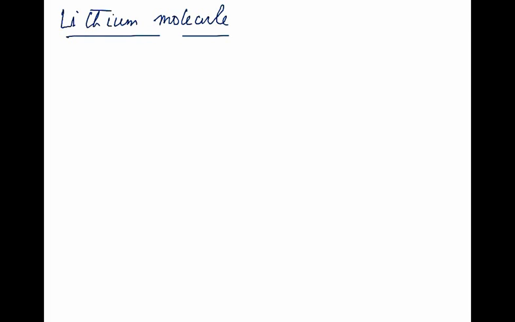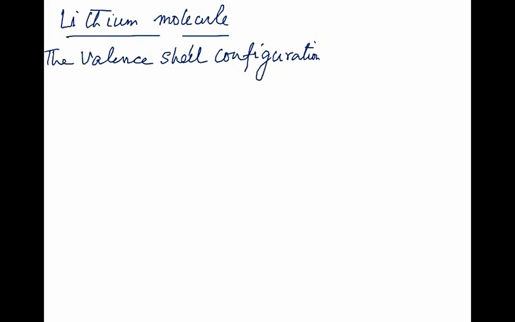In drawing the homonuclear diatomic molecules' MO diagrams, we shall concentrate only on the electrons present in the valence shell. The valence shell configuration of the lithium atom is 2s1.